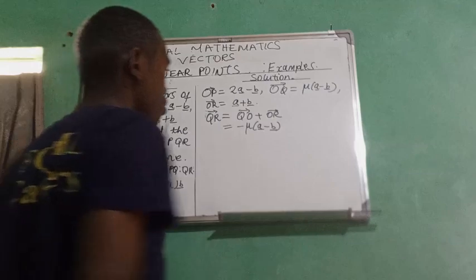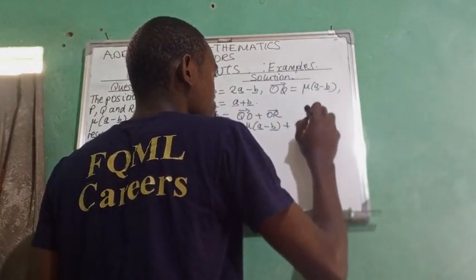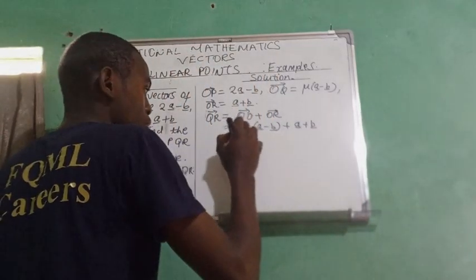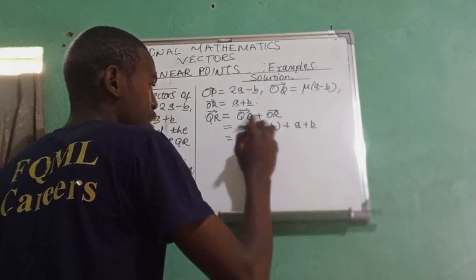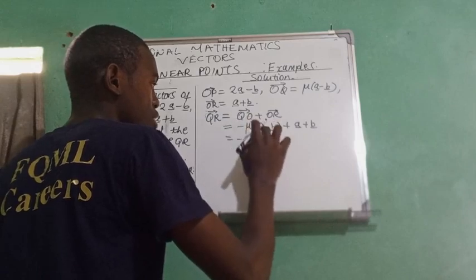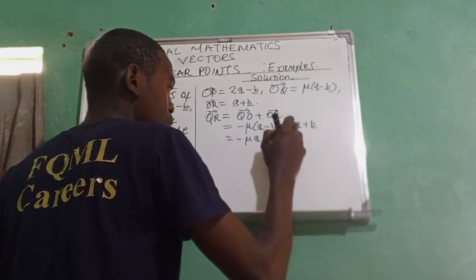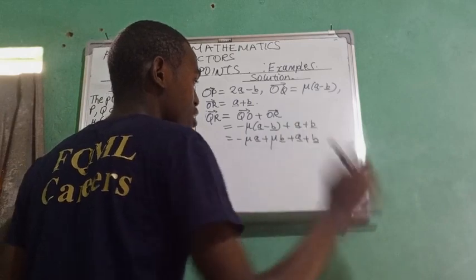Then OR is plus vector A plus vector B. This will be equal to minus mu of vector A, and negative times negative gives a positive, plus mu of vector B plus vector A plus vector B.